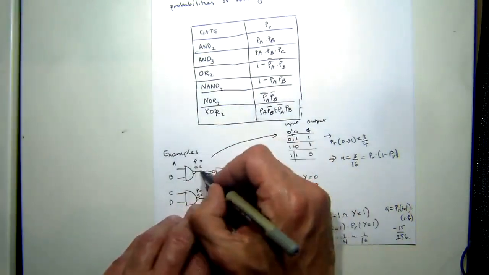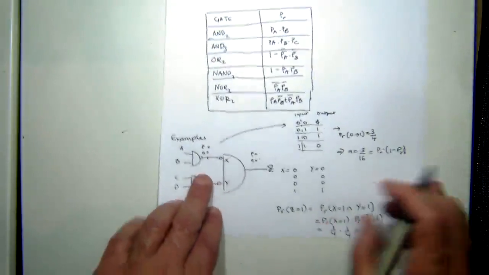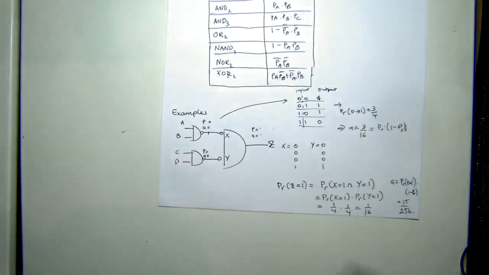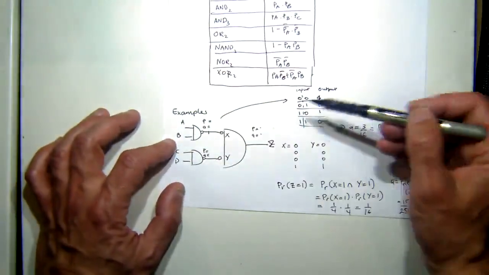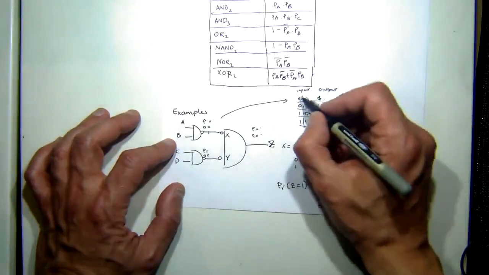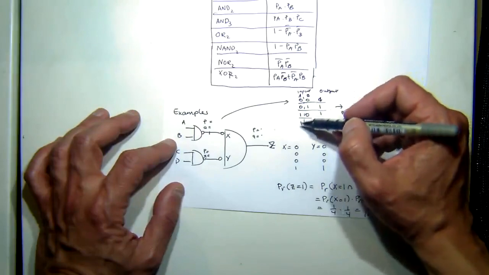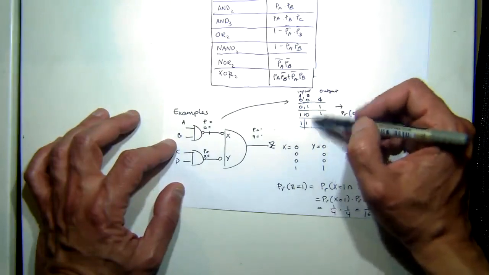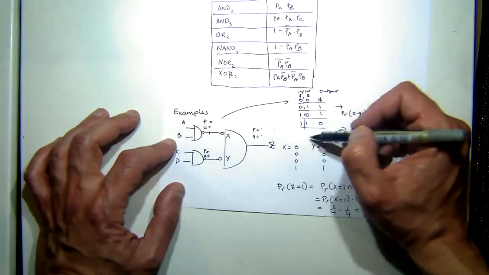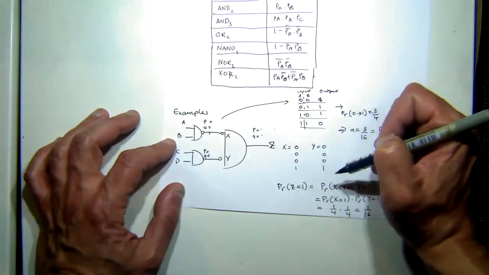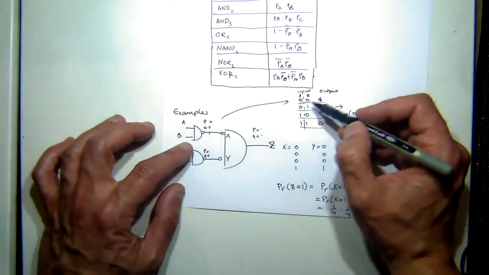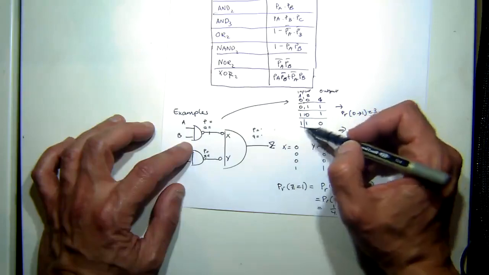So what are the inputs, A and B? The inputs for A can be 0, 1, B could be 0, 1, and then I've got essentially the outputs here: 0, 0, 0, 1, 1, 1, 0, 1, 1.